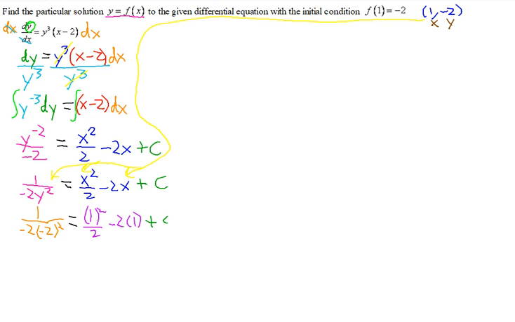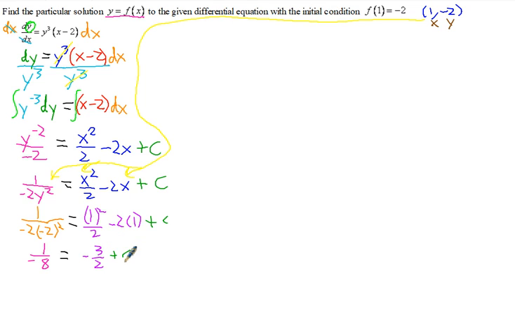Notice negative 2 squared is 4, times negative 2 is negative 8. So we have negative 1/8 on the left side equals 1/2 minus 2, which is 1/2 minus 4/2, giving you negative 3/2, and then plus c.